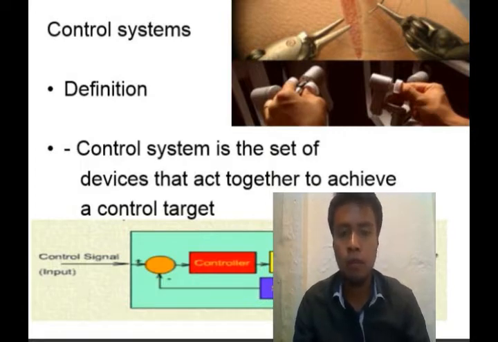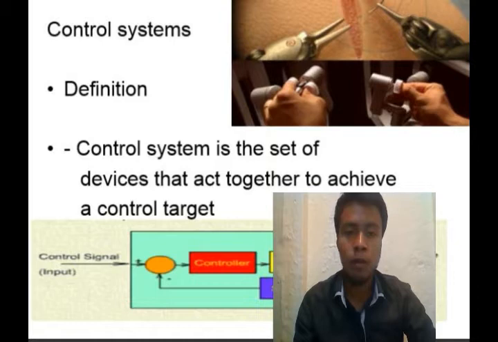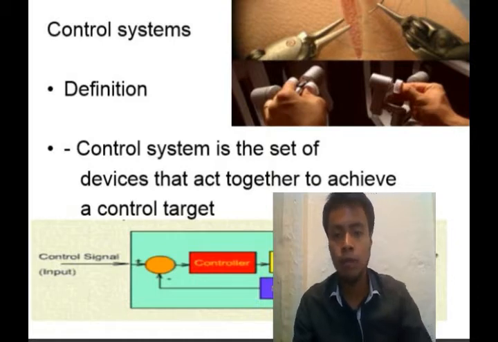The input signal passes through the subtractor. At the same time, the sensor signal is subtracted from the signal input.